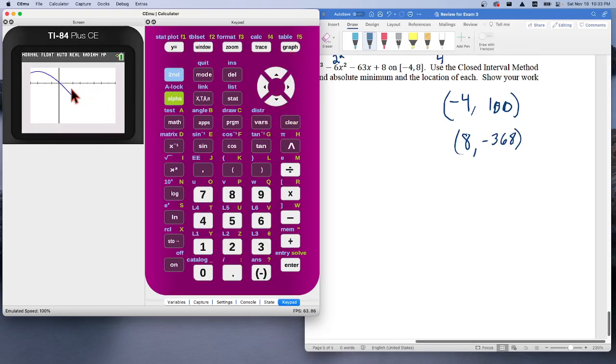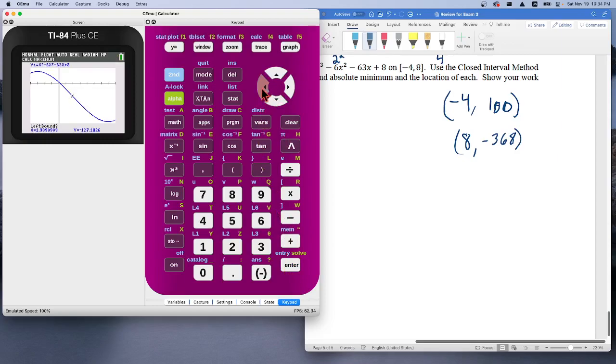And we do see that the endpoints are not the places. There's going to be an absolute maximum on the interior here, somewhere around negative 3, and an absolute minimum here, somewhere around between 6 and 7-ish in there. Okay. And again, we could use the calculator, and why don't we, to find those values.